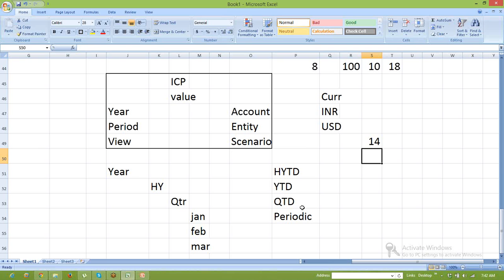Next one is account. Account, by using the account hierarchy, defines how you want to represent the data.